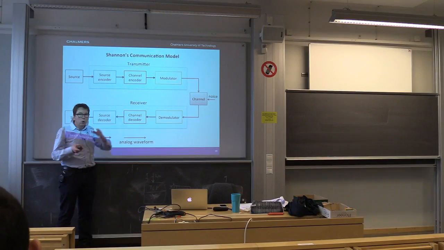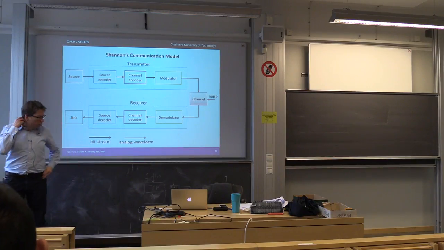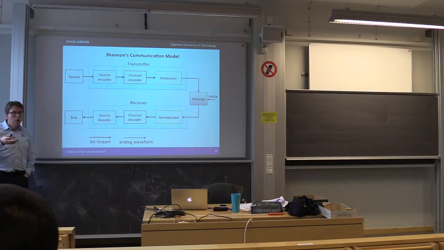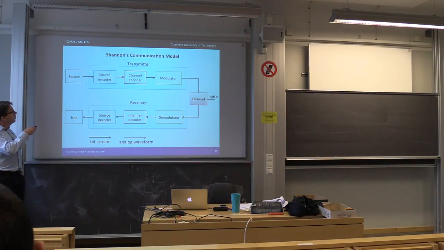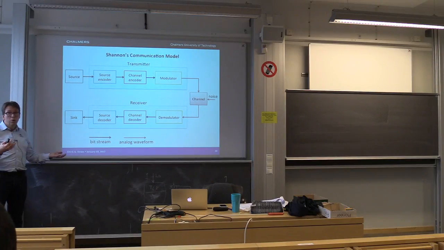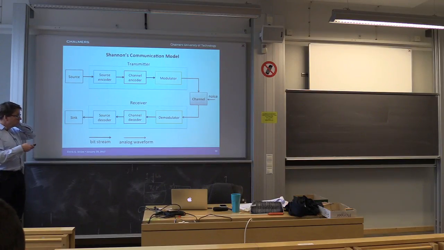You all probably work with a zip function, compressing text files and so forth. You can reduce the number of bits in the text file quite a lot, and you can recover them without loss. So the source encoder basically does data compression in order to minimize the number of bits we need to transmit, because transmitting a bit is costly. So we don't want to send any bits unnecessarily.